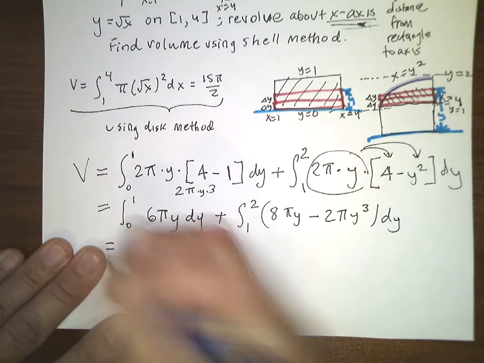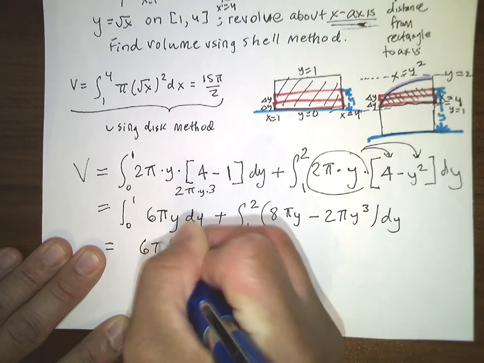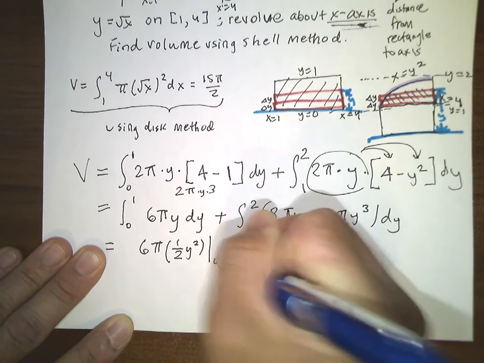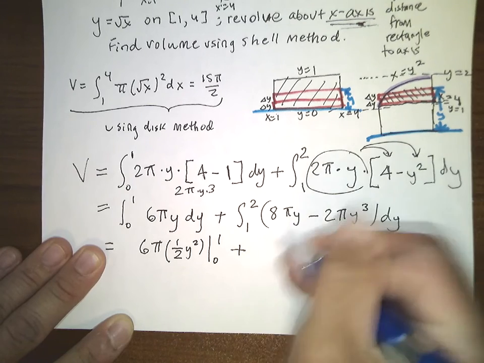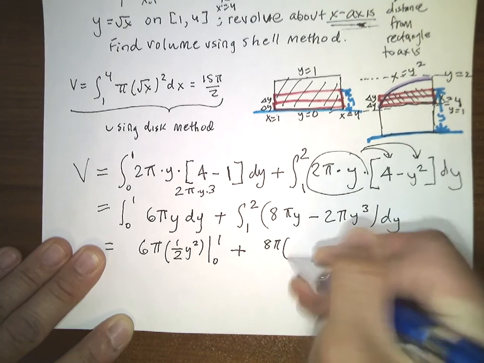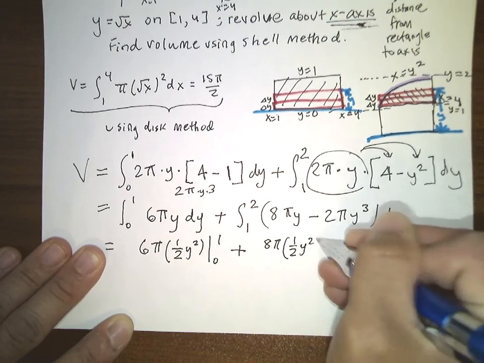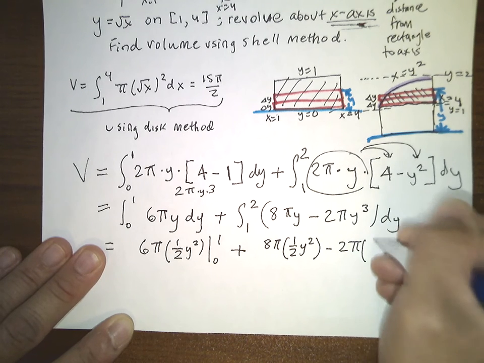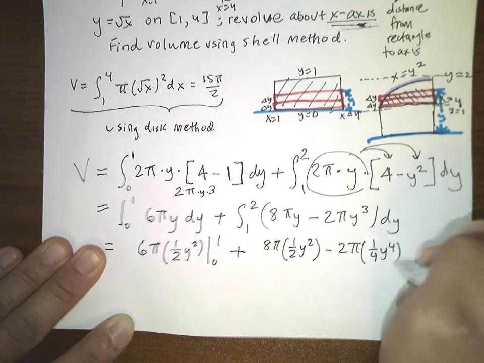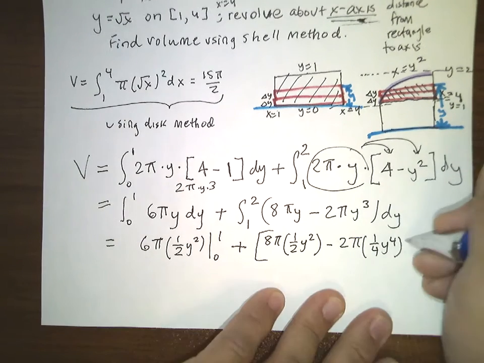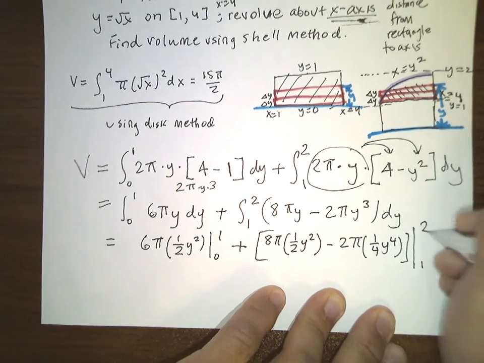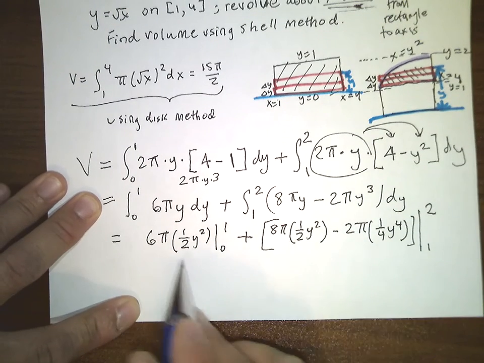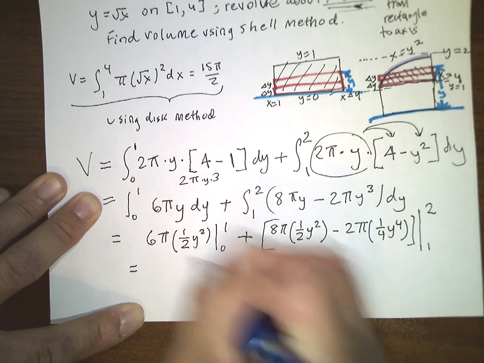Now I integrate, so let's integrate. So I have the 6 pi times 1/2 y squared, evaluated from 0 to 1, plus, all right, 8 pi times 1/2 y squared, and then minus 2 pi times 1/4 y to the 4th, and that is evaluated from 1 to 2. All right, so what do we have here? Well, let's just simplify that.